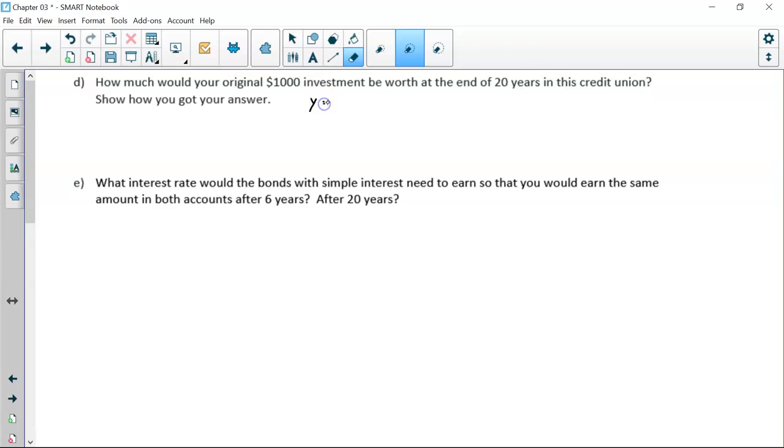So y equals 1,000 times 1.08, and now it's year 20. So we type this in our calculators, we get $4,660.96 is how much we'll have in 20 years.